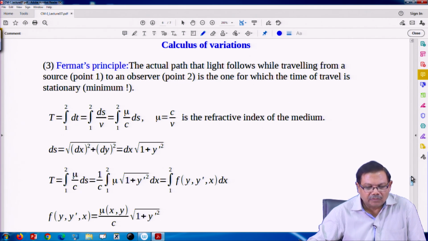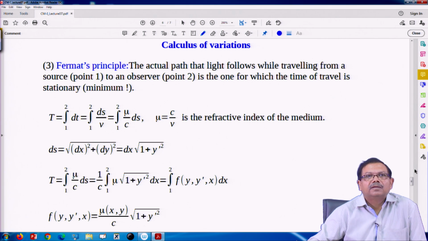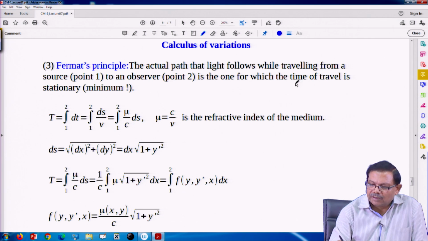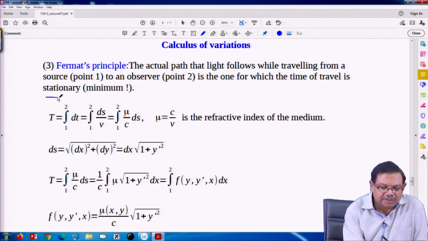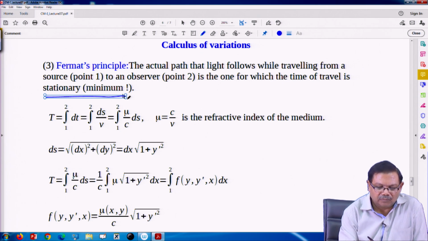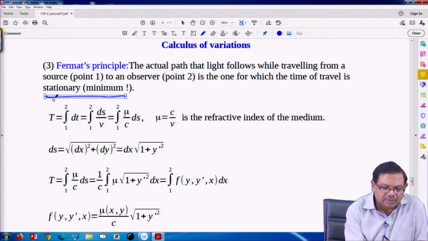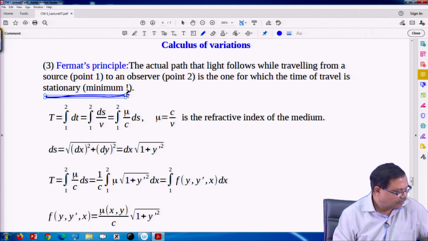Another example is the calculus of variation and its use in Fermat's principle. The actual path that light follows while travelling from a source point to an observer is the one for which the time of travel is stationary or minimum. In Fermat's original principle, it is minimum.